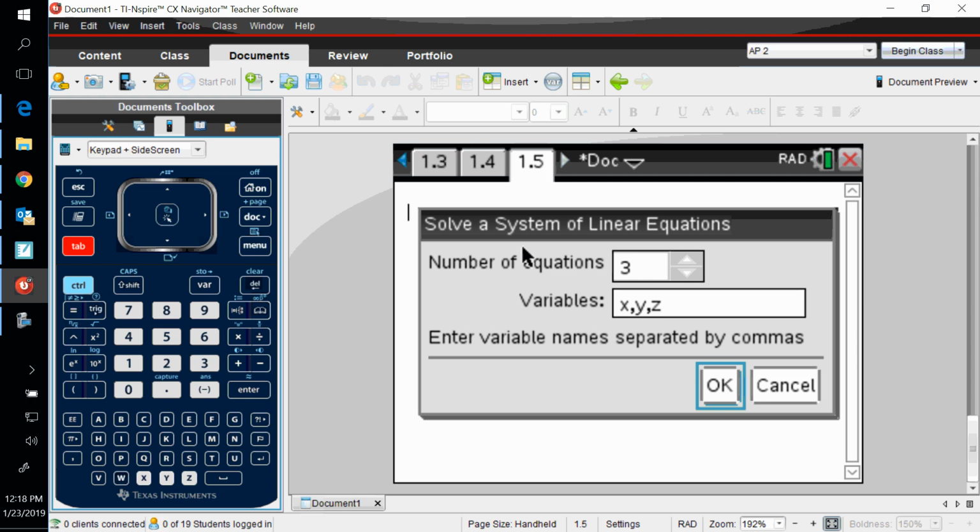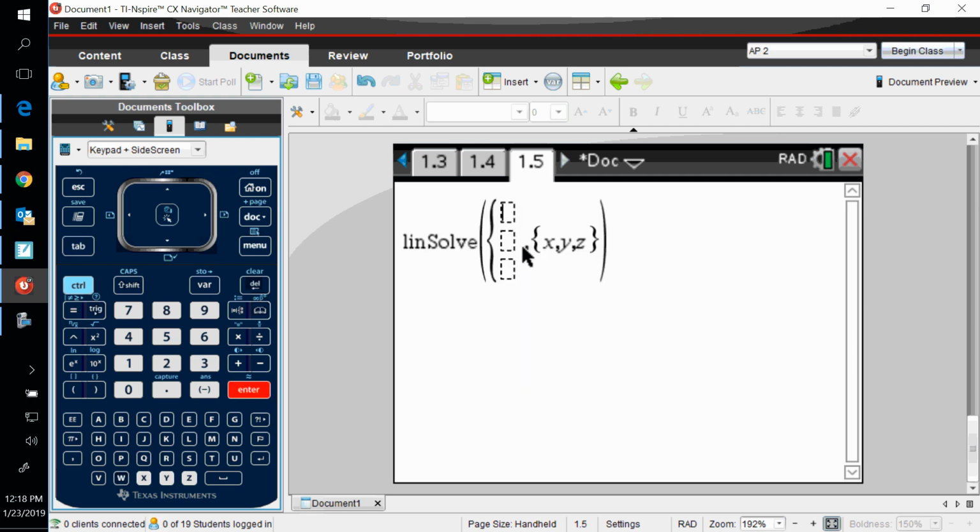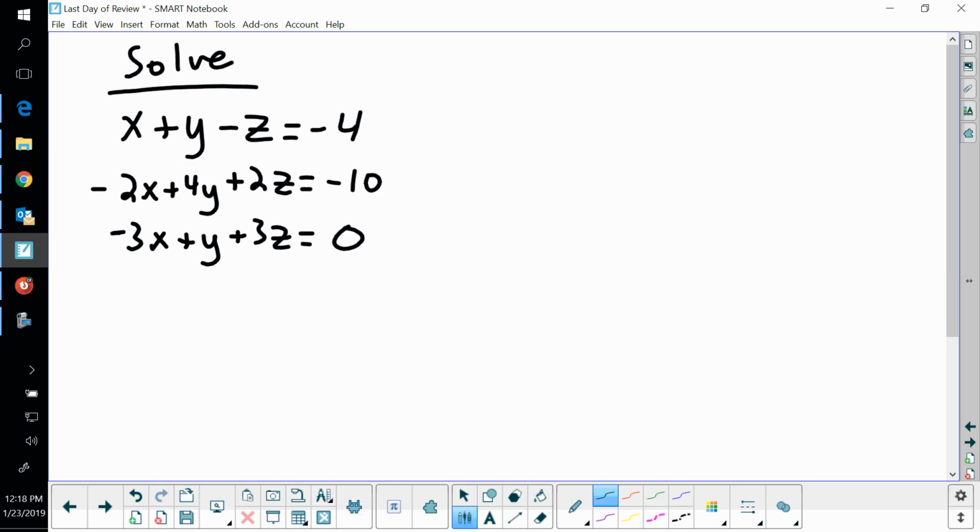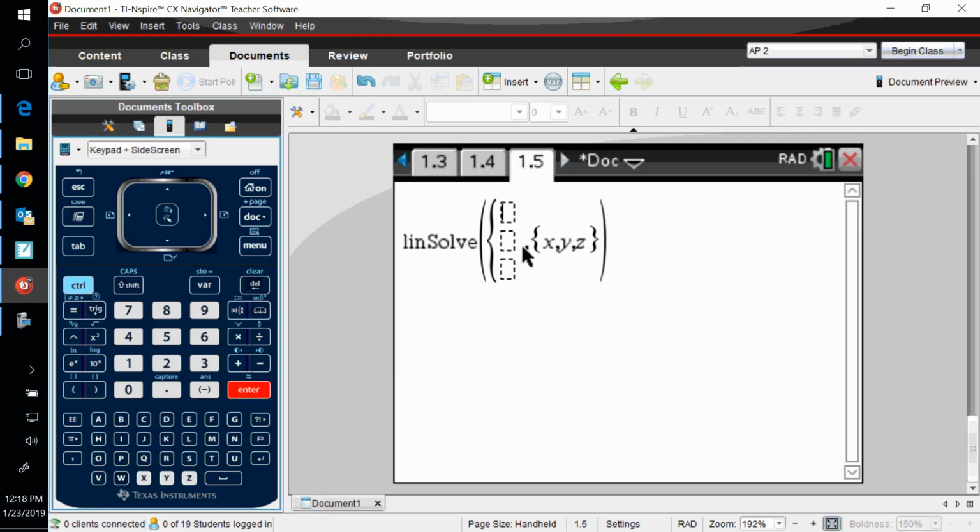Notice it has X, Y, Z, and we'll hit OK. Now, if your problem had like A, B, and C instead of X, Y, and Z, just think of the A as like your X, the B as your Y, and your C as your Z, and so on. So we'll put in our equations. So we have x plus y minus z equals -4.